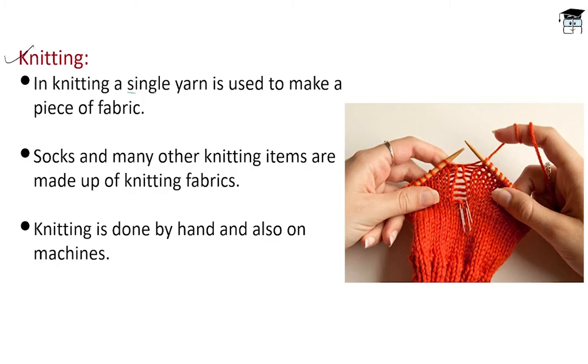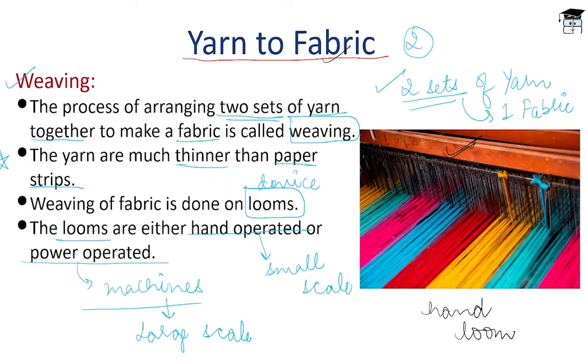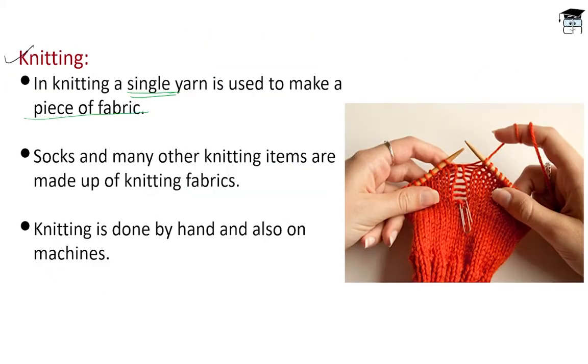In knitting, a single yarn is used to make a piece of fabric, whereas in weaving, we use two sets of yarns to make a single fabric. In knitting, we use one set of yarn to make a single piece of fabric.